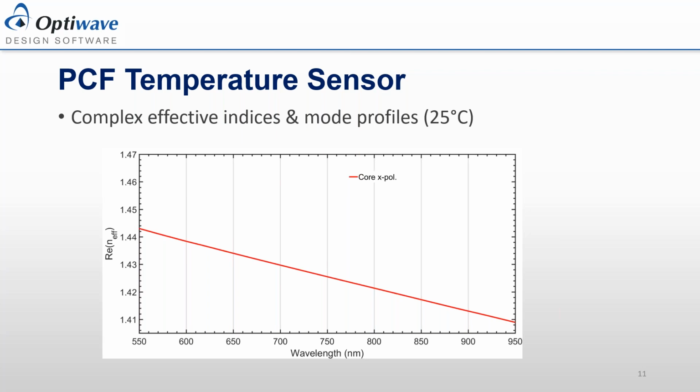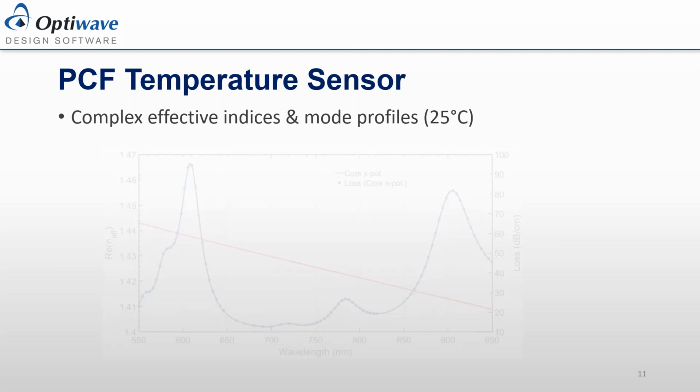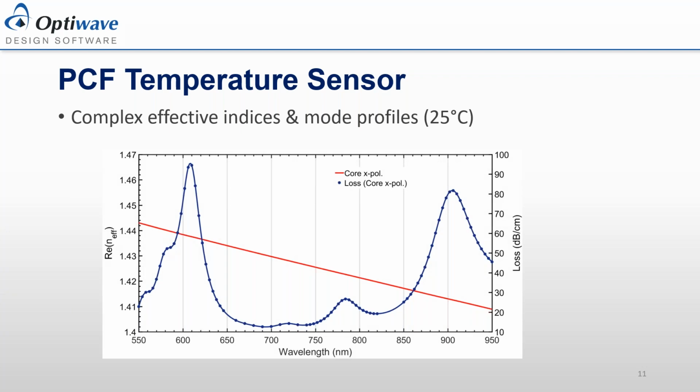The way to analyze the behavior of the sensor starts with looking at the real and the imaginary parts of the modal effective index of the fundamental core mode. The imaginary part of the effective index provides us with the loss, which is what's shown in the blue line. What we see here is 3 loss peaks.